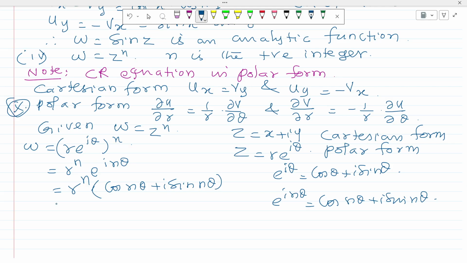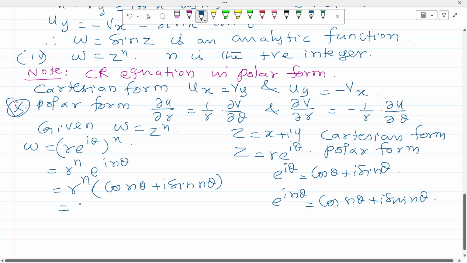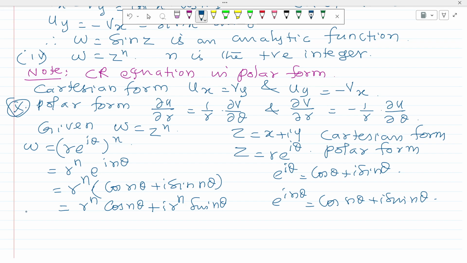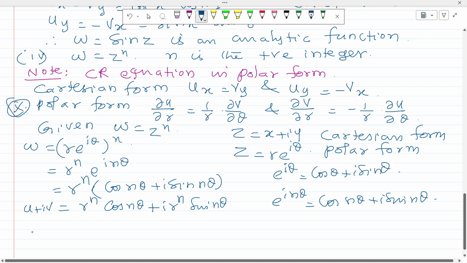Now listen, multiply that r power n inside. r power n cos n theta plus i into r power n sin n theta. It is W. What is W? W is u plus iv.